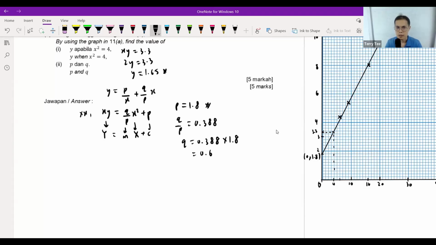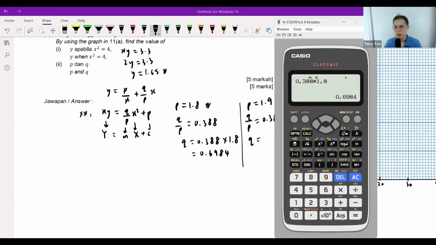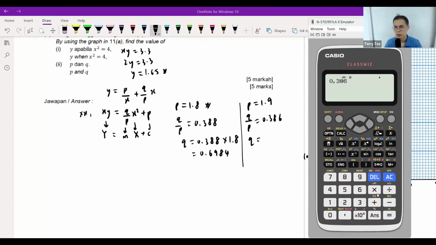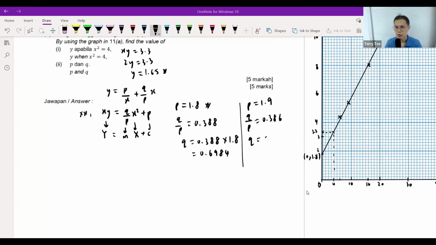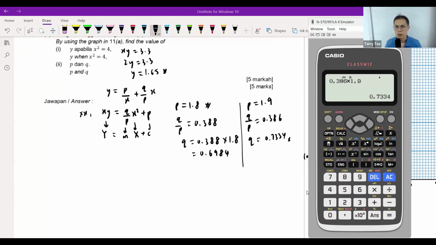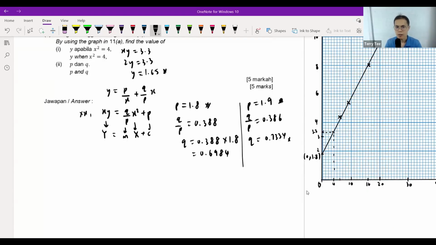For those who got 1.9 and just now got 0.386, your Q will be 0.386 times 1.9, I got 0.7334. So there is a slight difference in the answer depending on whether you use 1.8 or 1.9 for your p.